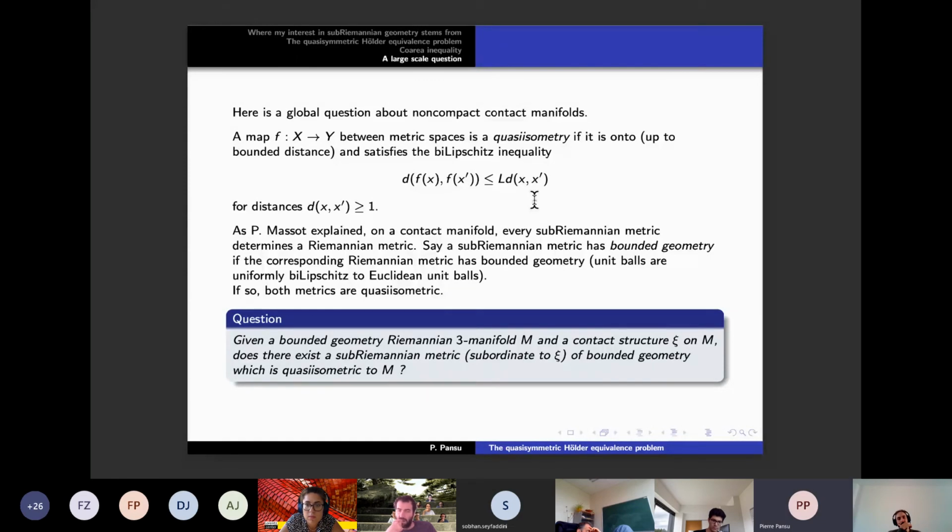So what I have in mind is the following. Imagine the contact structure rotates little, has a bounded rotation speed, as Patrick mentioned. Then the sub-Riemannian metric, which is simply the restriction of the Riemannian metric to the contact plane field, will be of bounded geometry, and the corresponding canonical Riemannian metric will be quasi-isometric to the original one.